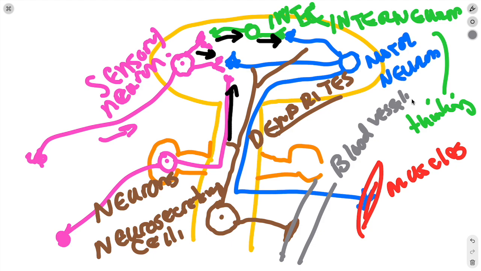The neurosecretory cell isn't a synapse because it doesn't release neurotransmitters, but it releases molecules in the same way, and those molecules are hormones. So we talked before about how important the connection is between the nervous system and the endocrine system, and refer to it as the neuroendocrine system, and neurosecretory cells are the way that gets done.